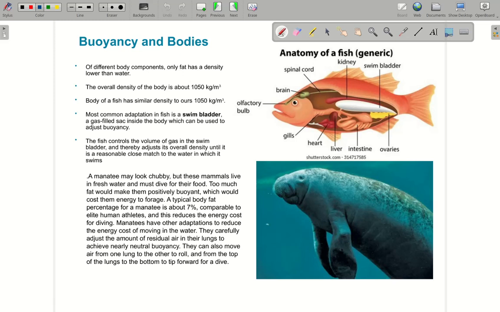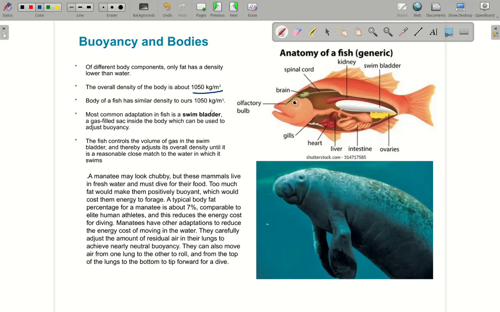This idea is commonly used in sea animals, the idea of buoyancy and floating. Normally, for example, the regular anatomy of a fish and its density, if we look at it, its density is about 1050 kilograms per meter cube, just like our overall average density of our body. So they should sink if they don't do anything.